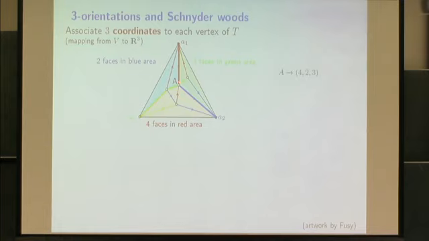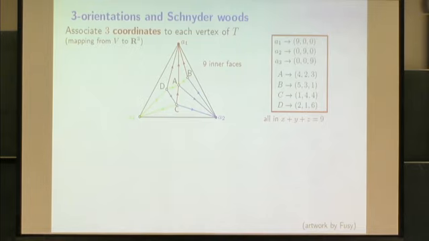In the blue region, which is opposite to the blue path, you have 2 faces, 4 faces in this one, and 3 triangles in this one. So to the vertex A, I give coordinates 4, 2, 3, according to this number of faces. If I do that for every vertex, then they all lie in a common plane with coordinates x plus y plus z equal 9.